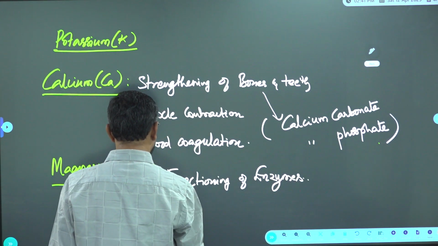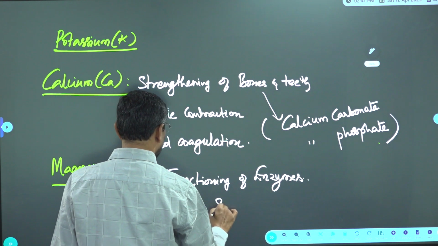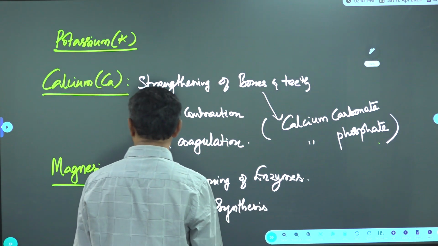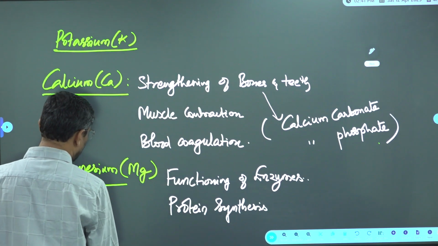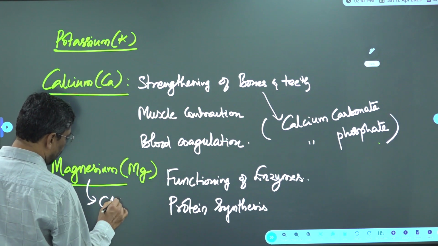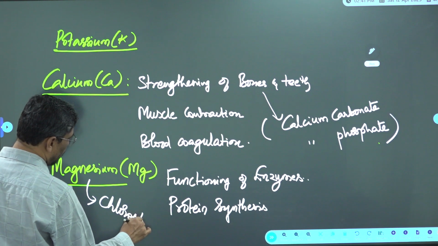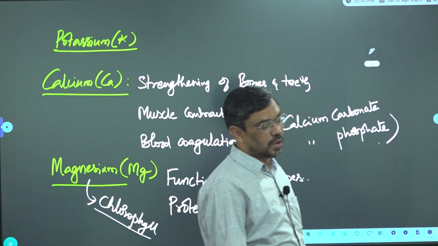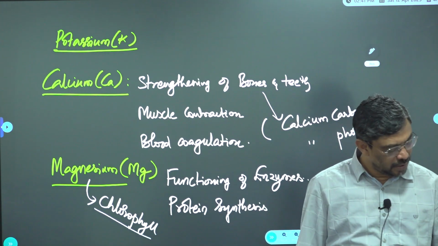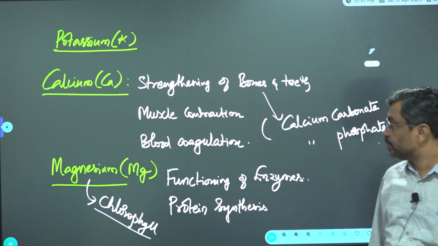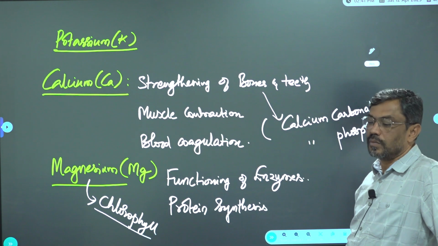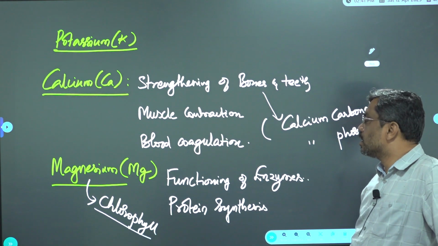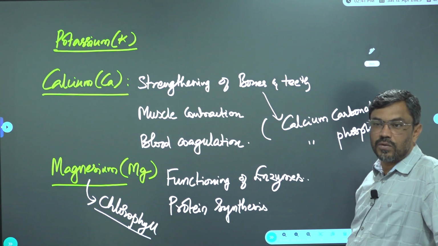It is useful for protein synthesis and also for formation of chlorophyll. It is a component of chlorophyll. Chlorophyll is a green colored pigment present in plants. So magnesium is required for functioning of enzymes, involves in protein synthesis, and is also a component of chlorophyll.